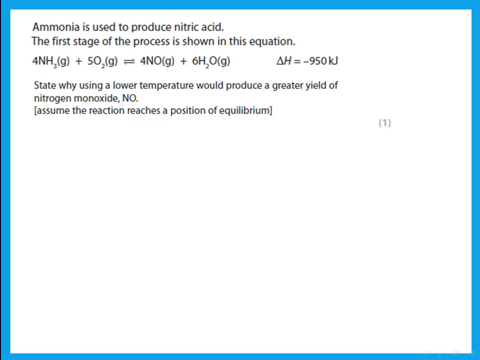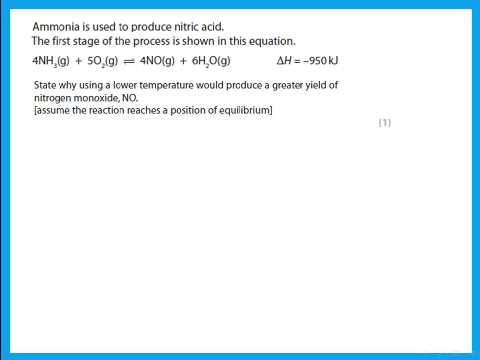So remember that using a lower temperature in any reversible reaction causes that reaction to go to the side that is exothermic. Now, how do I know which side is exothermic? From the sign of the delta H at the end of the equation. In this equation, delta H is a negative number.